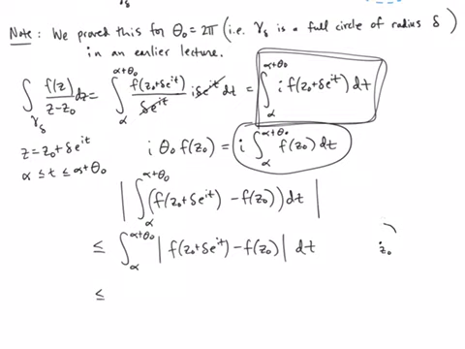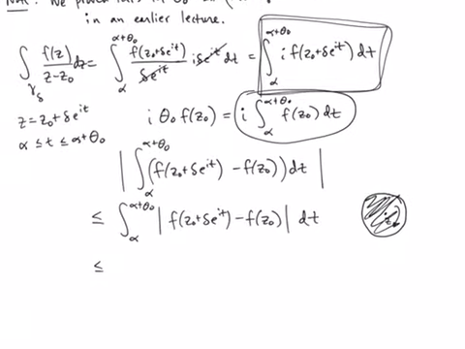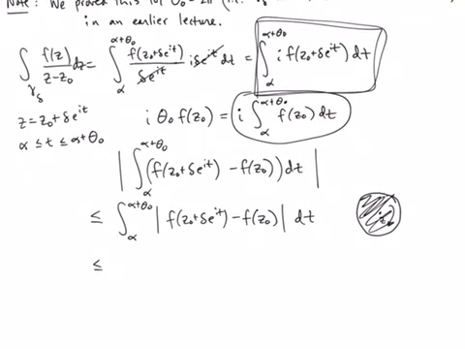I can just look at that entire solid disk and say that the difference of those values is less than or equal to the max over the closed disk around z naught of radius delta of the absolute value of f of z minus f of z naught, for z in that closed disk, and then the length of that interval, times theta naught.